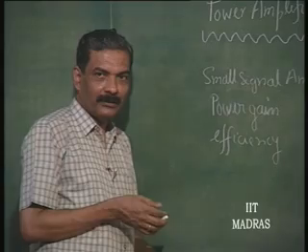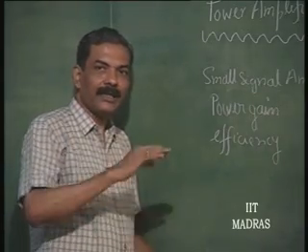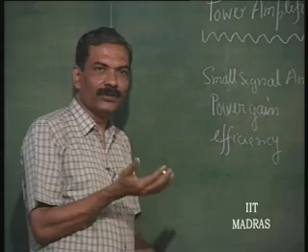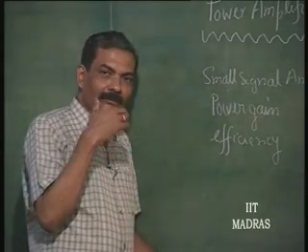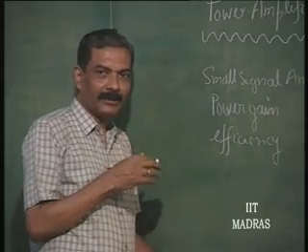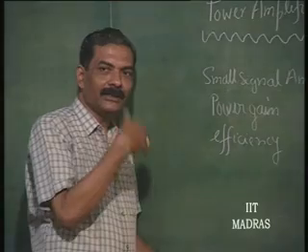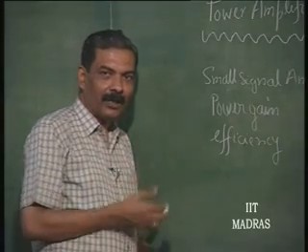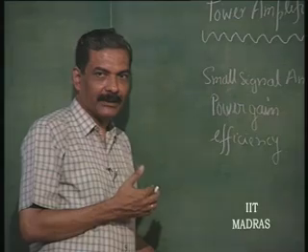The DC power that is necessary to bias the active device is getting converted into the useful signal power. Now, how much of this biasing is to be provided so that it gets converted into useful output power, that depends upon your design basically.